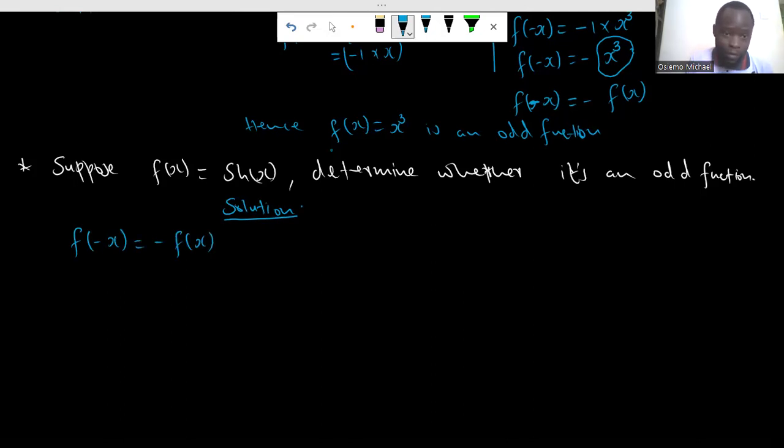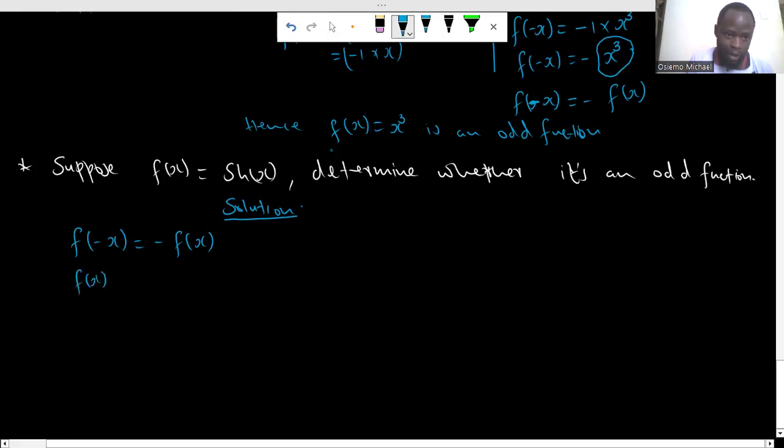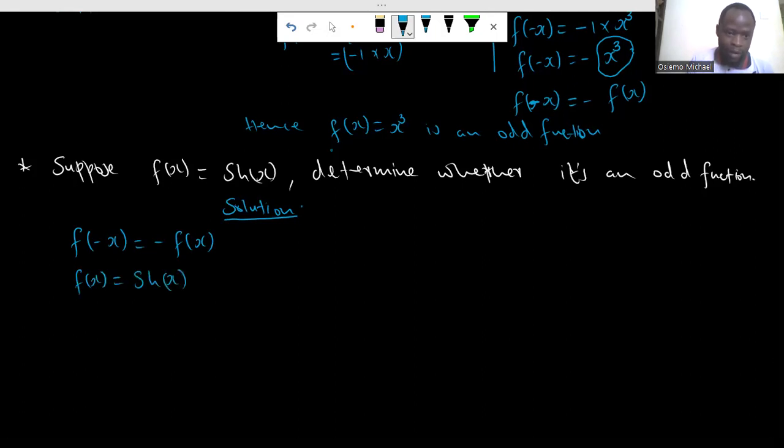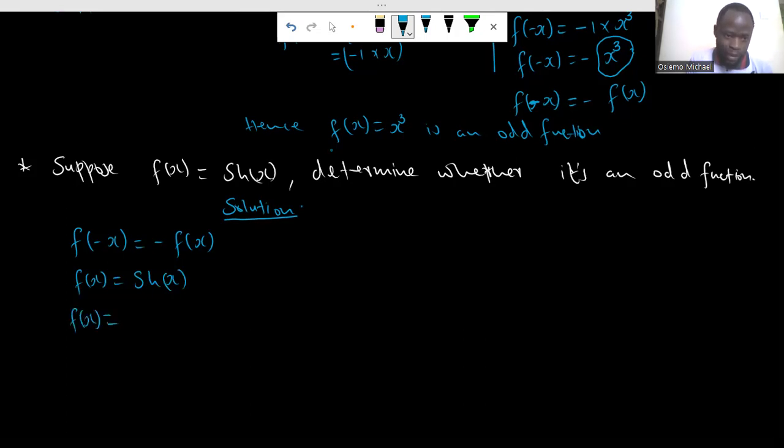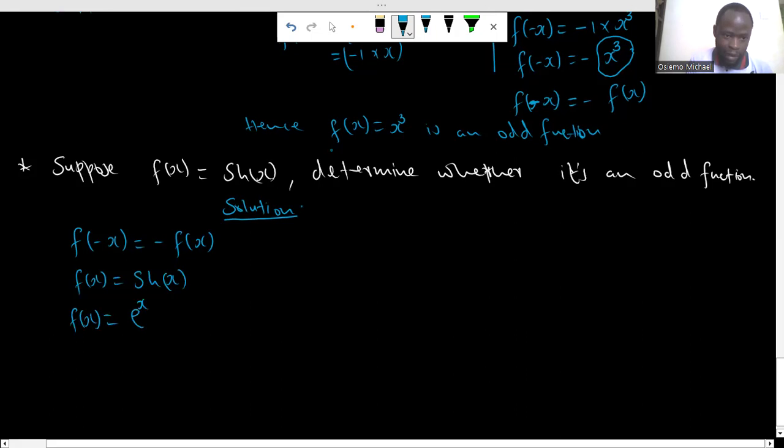And here we have to define now our f of x. We have our f of x as being equal to sh of x. From the definition of sh of x, we say that f of x is equals to exponential x minus exponential negative x, and this over 2.